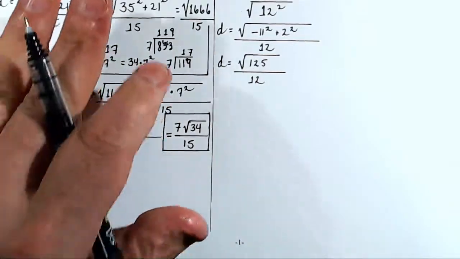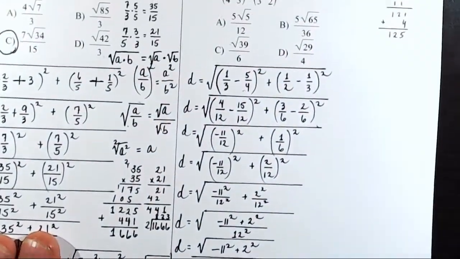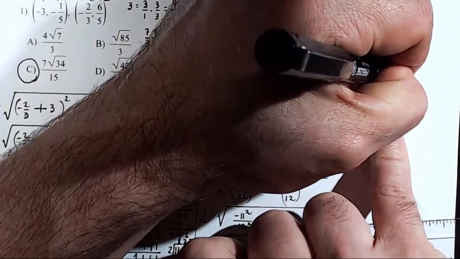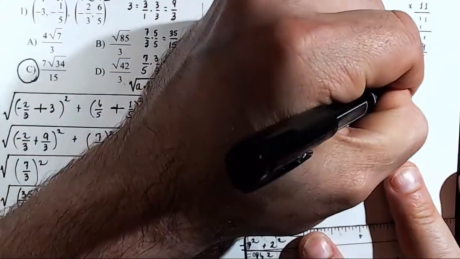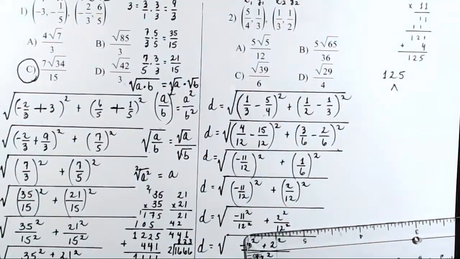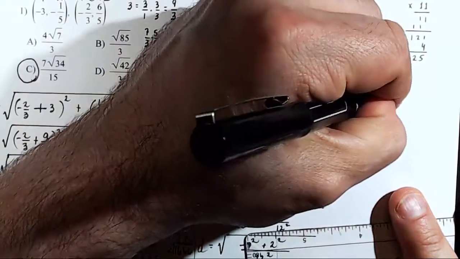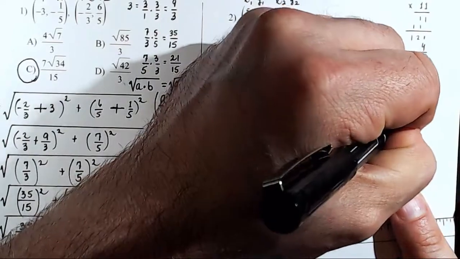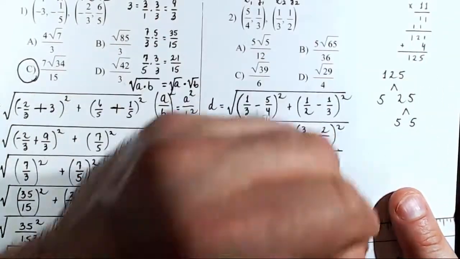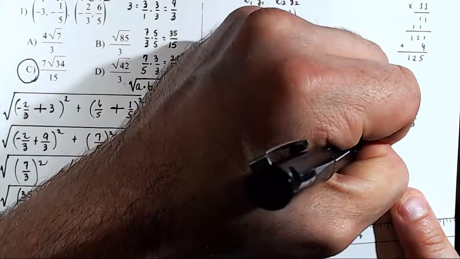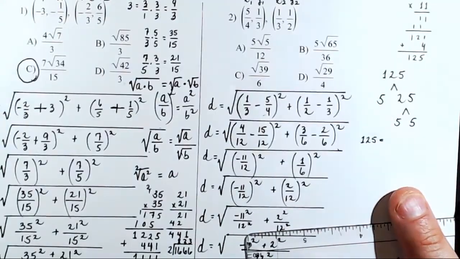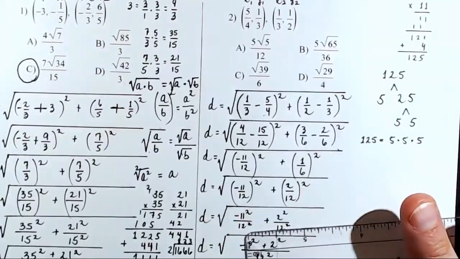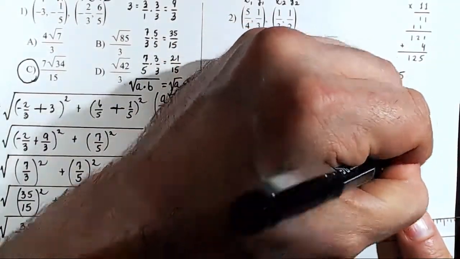Okay? Well, now we got to break down 125. And what do I mean by breakdown? I said prime factor 125. So I need to prime factor 125 down into prime numbers. Right off the bat, people will say 5 times 25 is 125. Good. And 25 is 5 times 5. So I can rewrite 125 equals 5 times 5 times 5. And what I'm hoping to do is find two of them together.